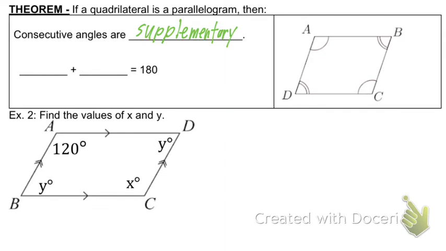Tyler, can you give me an example of two angles that would add up to 180 on this picture up here? On this picture up here, we don't see any numbers, so we'd say angle this and angle that. What does it mean to be consecutive angles?